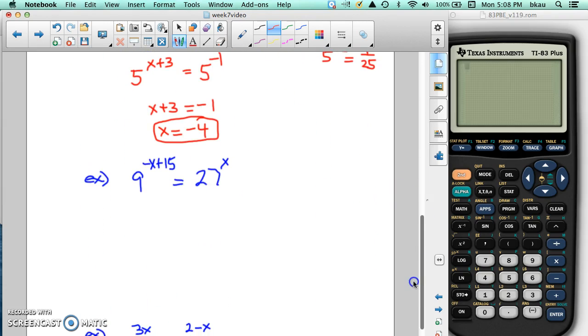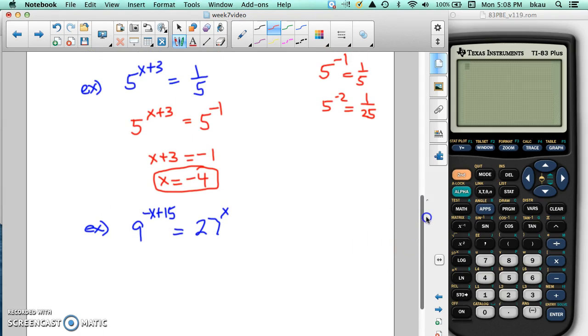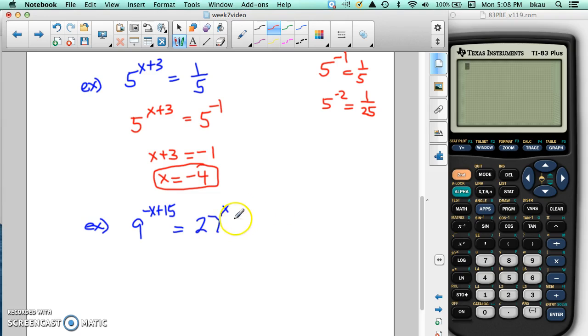All right, now sometimes we can't write one in terms of the other, so we have to reduce both of the bases. So this one was base 5. These are not going to reduce. This 27, I can't go 9 to some power equals 27. That's not going to work out. 9 to some power is not equal to 27.